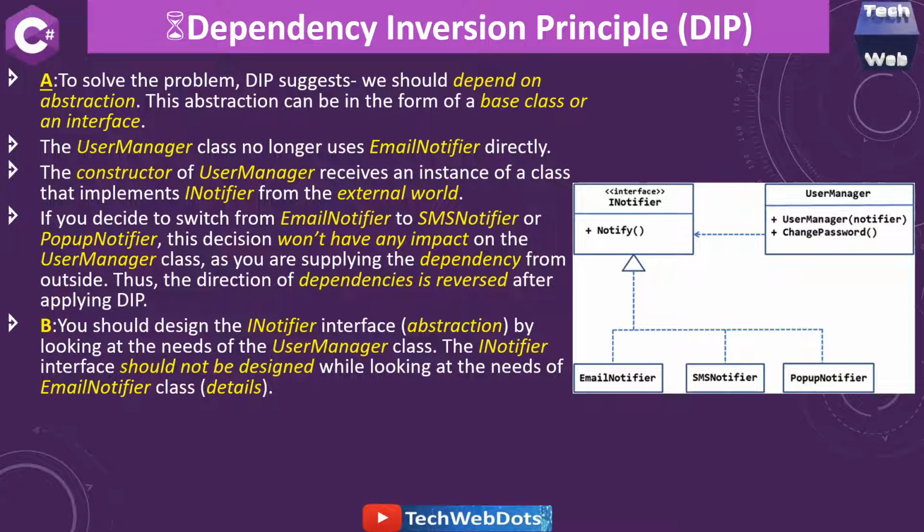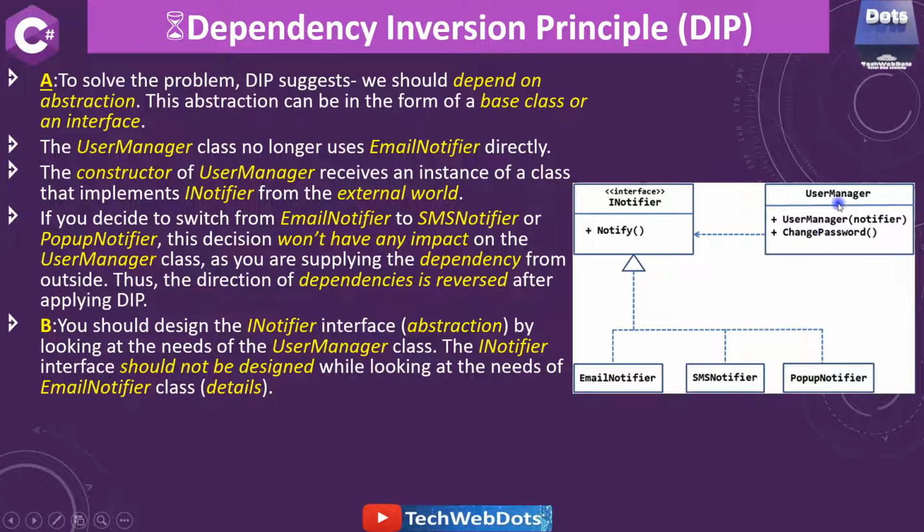And let's move to the second one. Here you should design the iNotifier interface abstraction by looking at the needs of the user manager. So we have to implement what is needed by this user manager, not by the email notifier or SMS one, right?